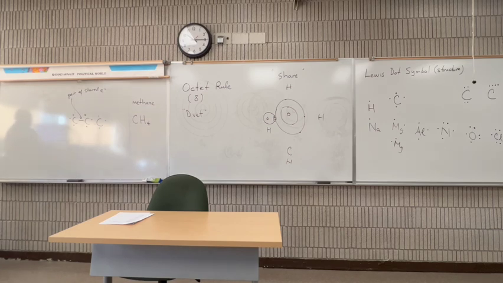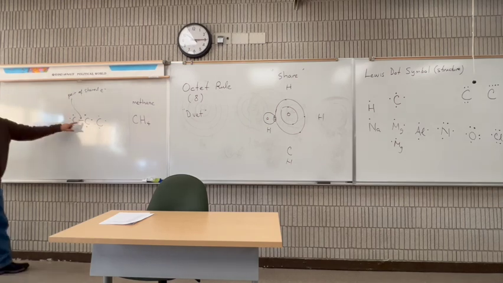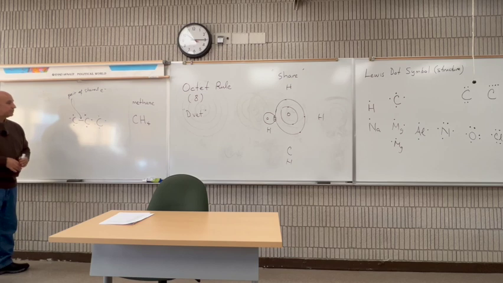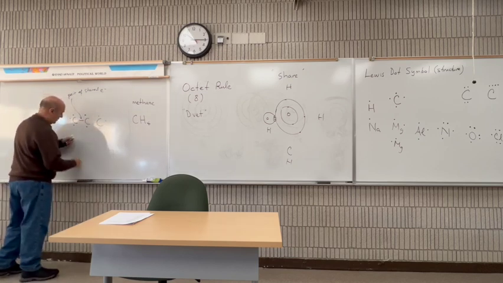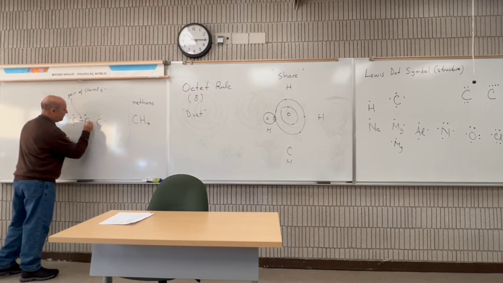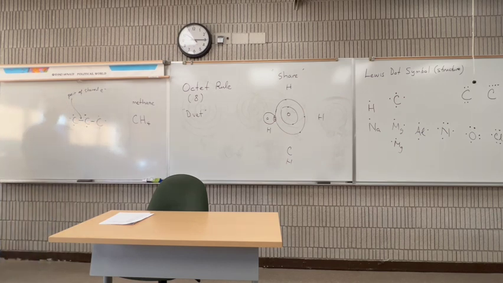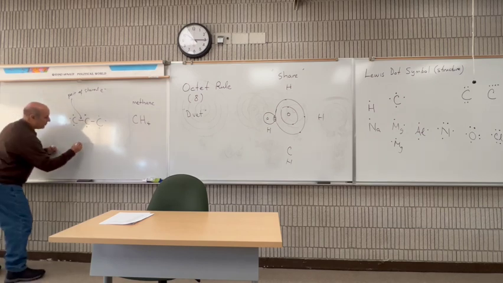Anytime you see a dash in any formula, in any symbol, in any compound cartoon, you know that there's a pair of electrons there. So by the same token, these 2 electrons right here, I'm going to draw them with a dash.